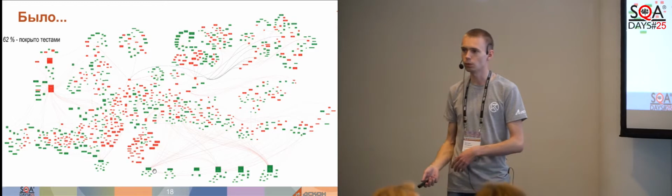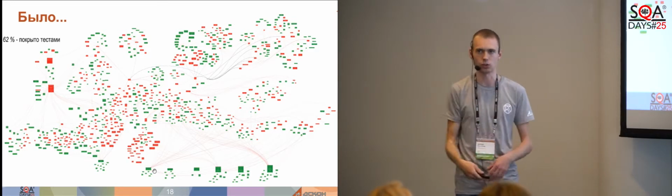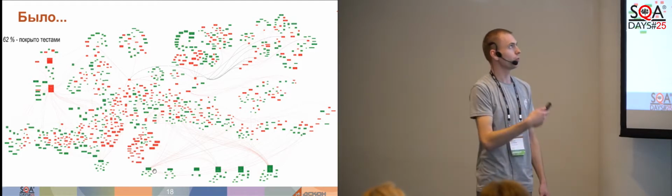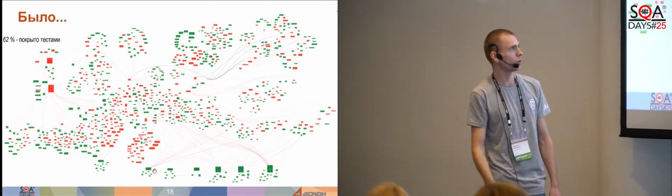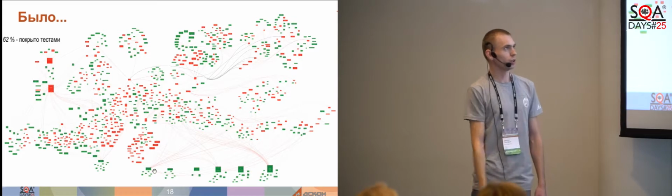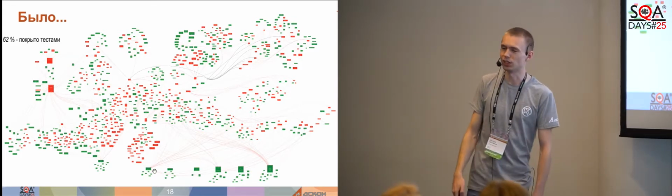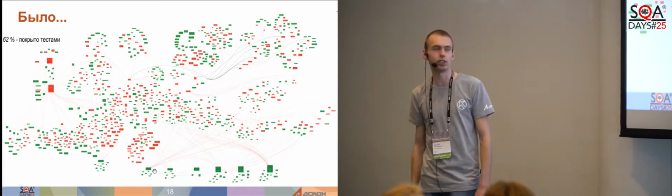So when constructing a model, we try to analyze some parts, some components of the software product at once, what is covered, what is not covered. But in any case, as soon as we constructed the model, we understood that only 62% of the product is covered with tests.